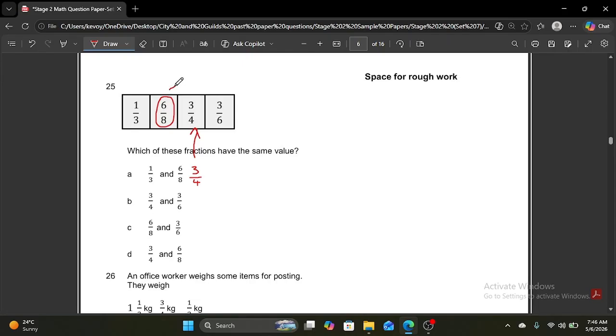So we divided both the top and bottom by 2, and we got the same fraction as the one beside it. 2 into 6 goes 3 times, 2 into 8 goes 4 times. So the one that is identical is the one that has both of these. So D is the answer for number 25. Alright, moving right along.